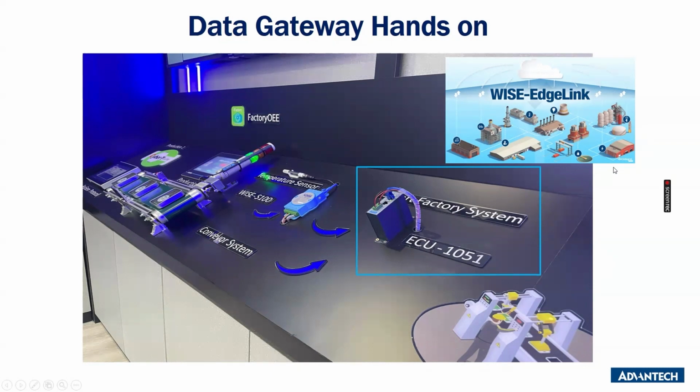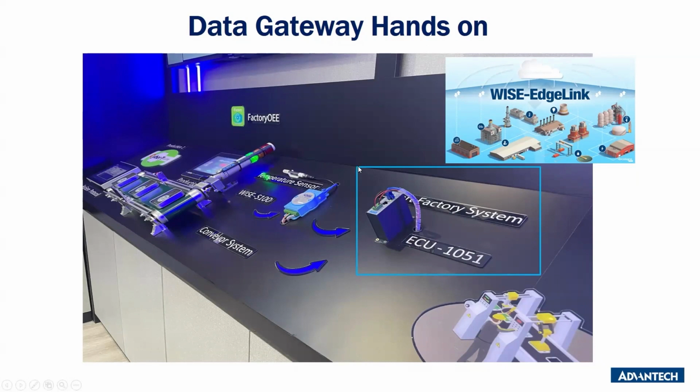For the ECU, I'm using WISE-iEMS to collect data and upload to cloud. The ECU is connected to a component system which consists of a WISE-S100 outdoor light sensor, the ADAM I/O controller and a temperature sensor, with an HMI, which is our WOP series.